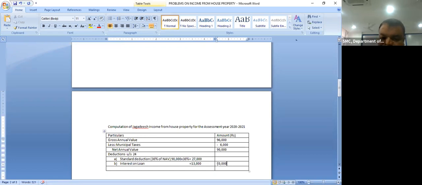So when we deduct 40,000 from 90,000, what we get is 50,000 rupees is income from house property. Okay, guys, is it clear?